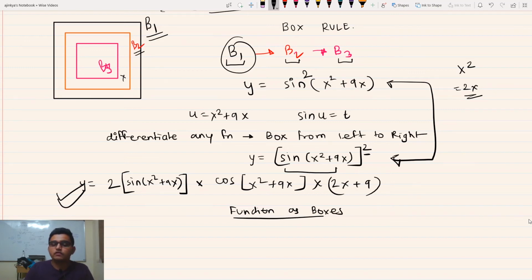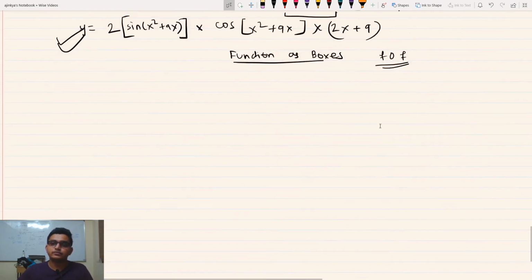You don't have to consider it as two different functions and then go one inside the other. You just consider it as function of function, and then just go on multiplying by the differentiation of each and every function. So we'll take another example and we'll try to solve it.